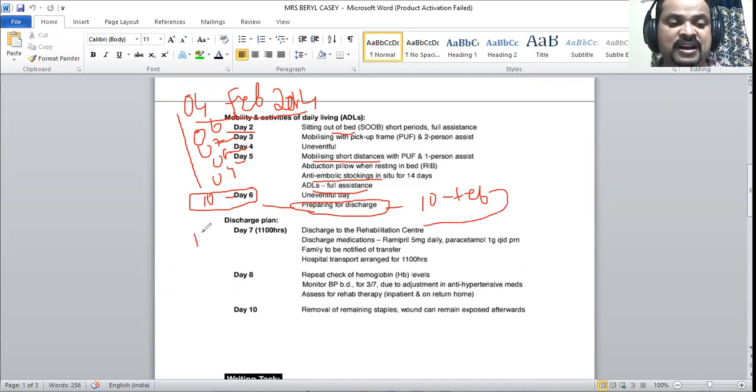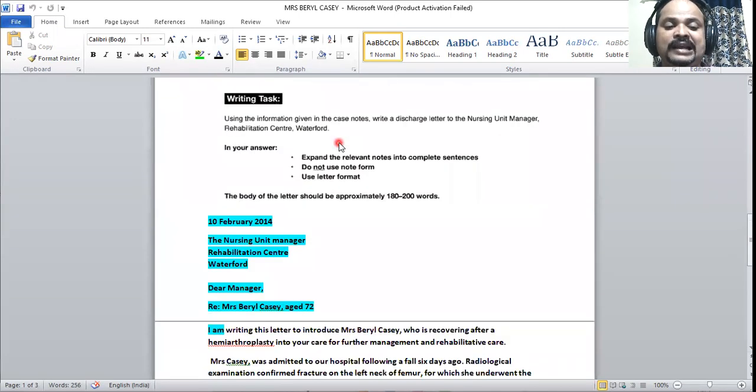So that's on 11th February, the discharge date. 12th February. This is on 14th February. So on 14th February, remaining staple removal will be done, and then the wound can be exposed. That's it. So the thing is analyzed. Now we can go ahead with the letter.